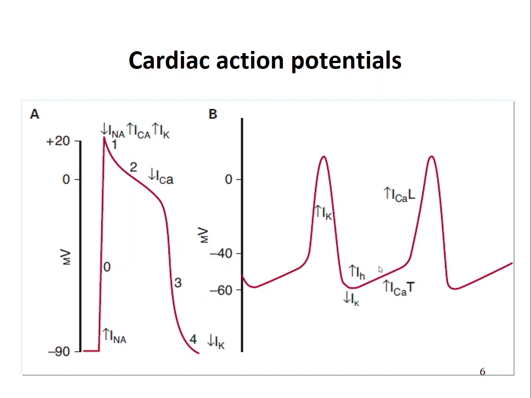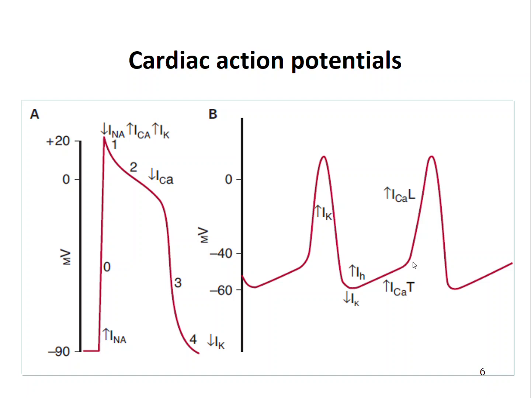So remember, here we have phase 4, which is unstable, which is the resting membrane potential. It is because of the lower permeability to potassium and higher permeability to sodium and calcium. This permeability to sodium in this resting phase we call the funny current.